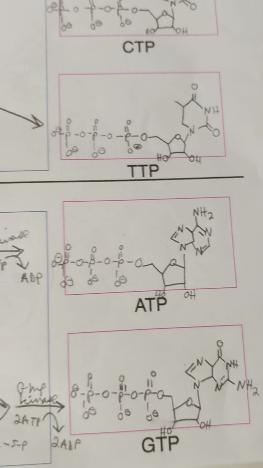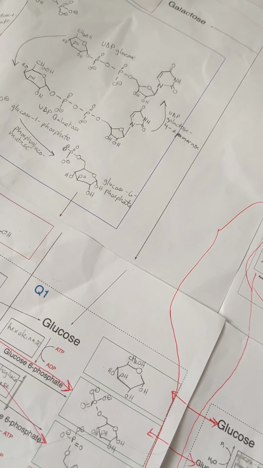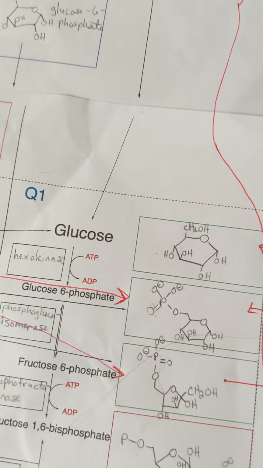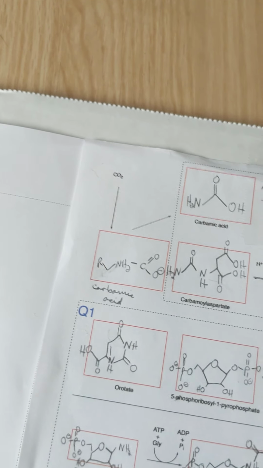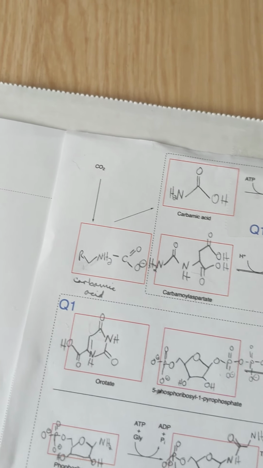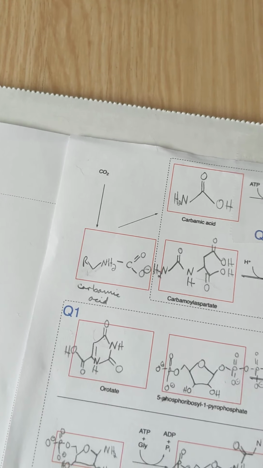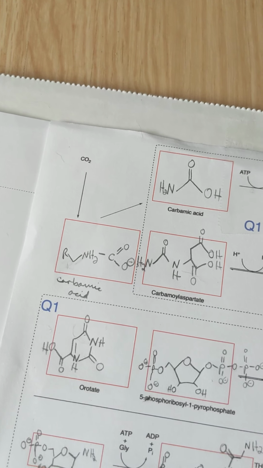So fun. So that's how you make your purine-based ribonucleotides from glucose.